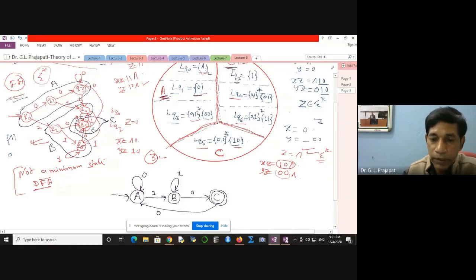Whenever you are at C and you have 1, then it ends in 0 1, and 0 1 is in the equivalence class B. So from here you move to B for the case of 1. This is the way you can give the transition, and hence this is the minimum state FA.